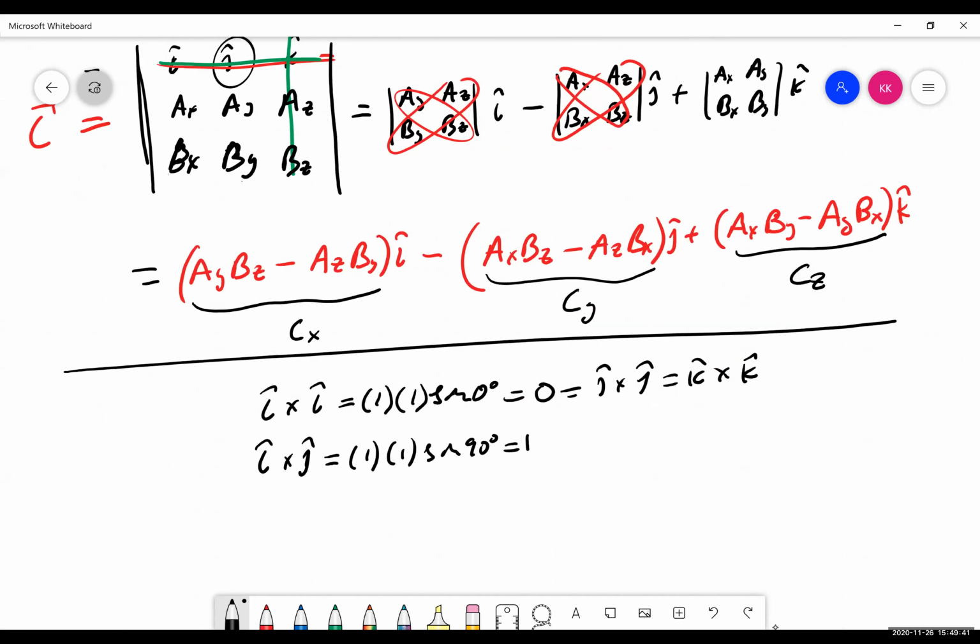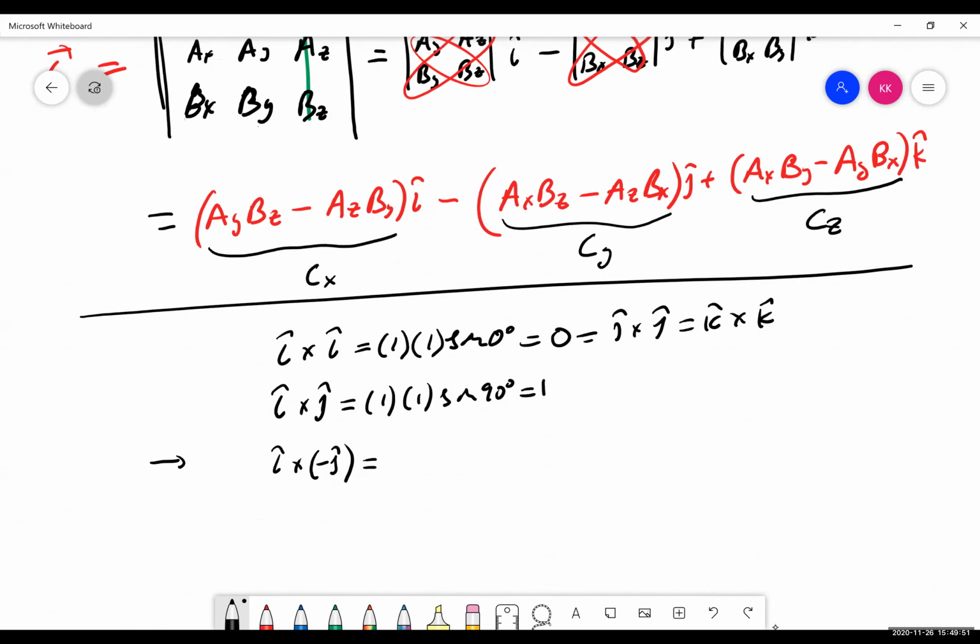How about I hat cross negative J hat? It's 1 times 1 times sine of 90, which equals 1. That's correct.